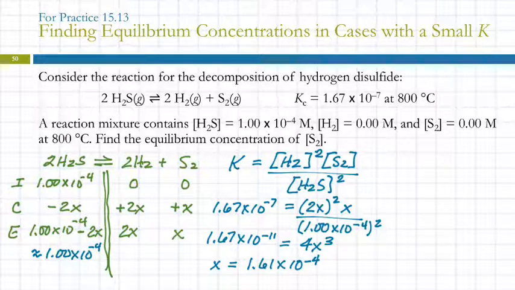So times 1e minus 4 squared. So this over, oops, this is actually to the minus 19. Divide that by 4. Take the cube root.